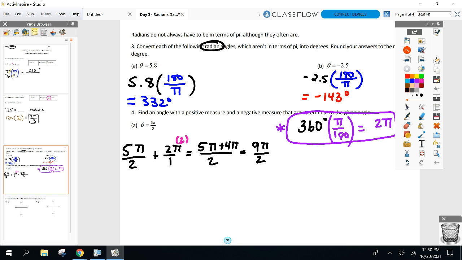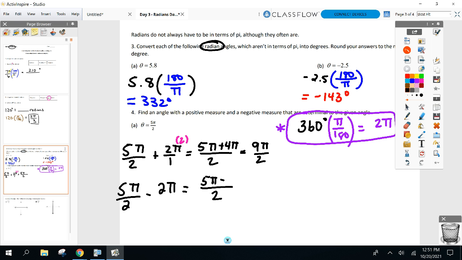Now ready to find the negative angle, coterminal. Now what do you want me to do to these two? 5 pi over 2 minus 2 pi. Haven't you guys already done the work here? Right? What's your common denominator still? 2. It's still going to be 5 pi. Now it's minus.